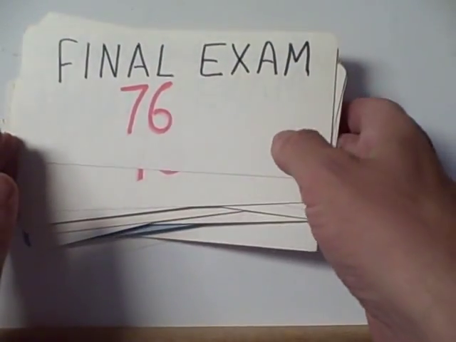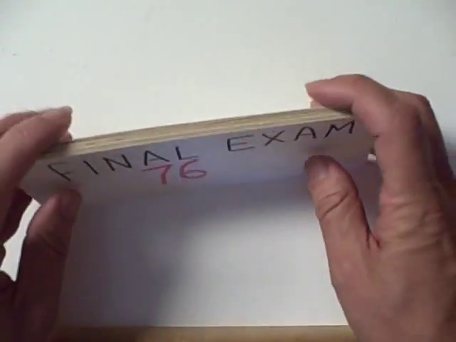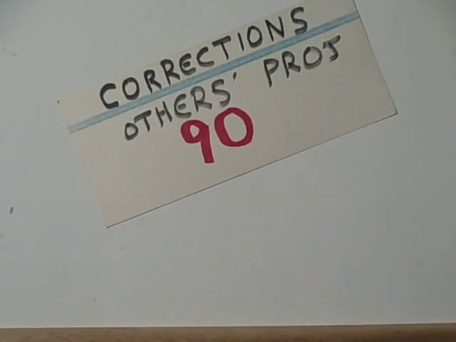So out of all of these, which of these components should we count? Well, we want to count those on which you did the best, and ignore those on which you did poorly. So when we see a 90, like your corrections of other students' projects, we're going to count those. And let's see, what else did you do particularly well on? You did well on the correction of other students' posts.